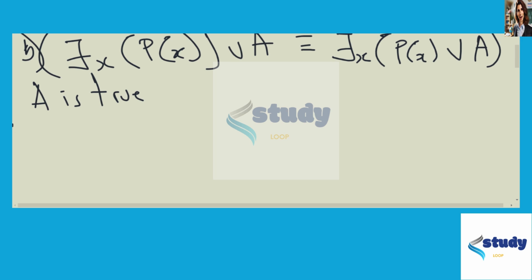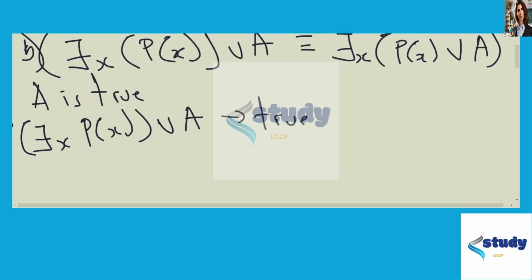then we are going to get there exists some x where P of x disjunction A will be true.